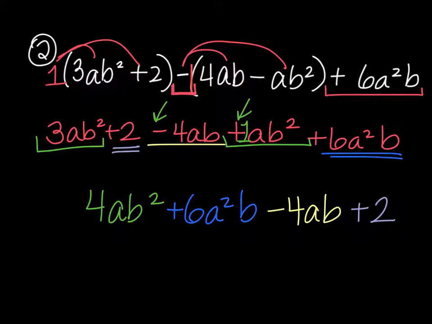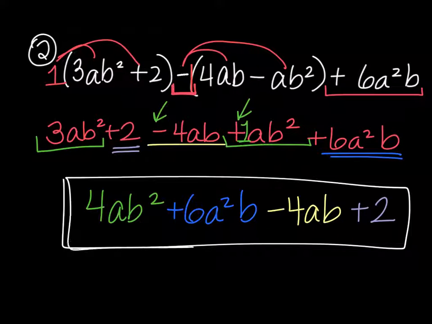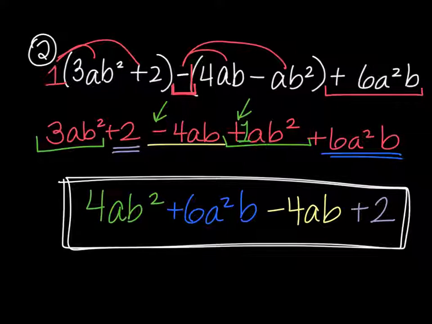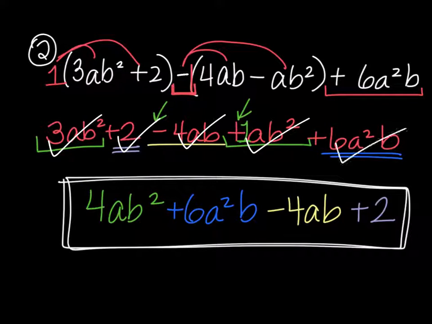So when I look to double check that this is my final answer, I'm going to look through and see, do any of my terms have the same variables with the same exponents? And the answer is no. And that's really all you have to check here. And I guess you could make sure that you've used all of your pieces up here. We did this today, kind of checked them off. That's probably a smart idea.